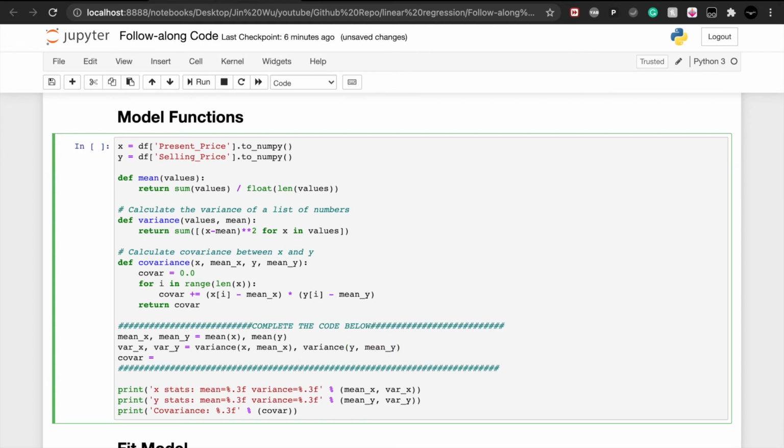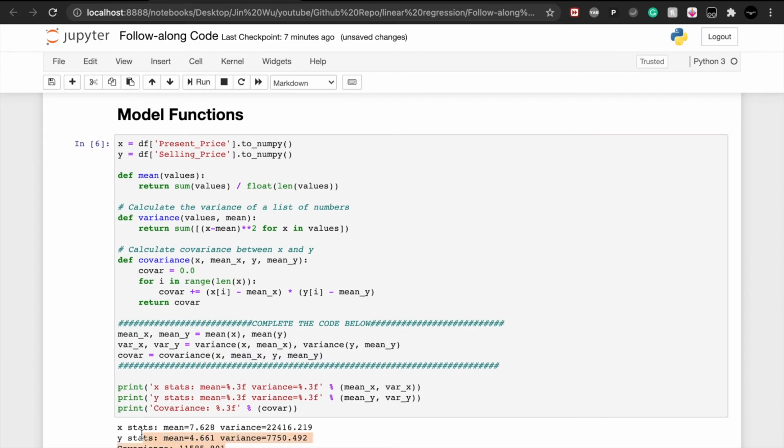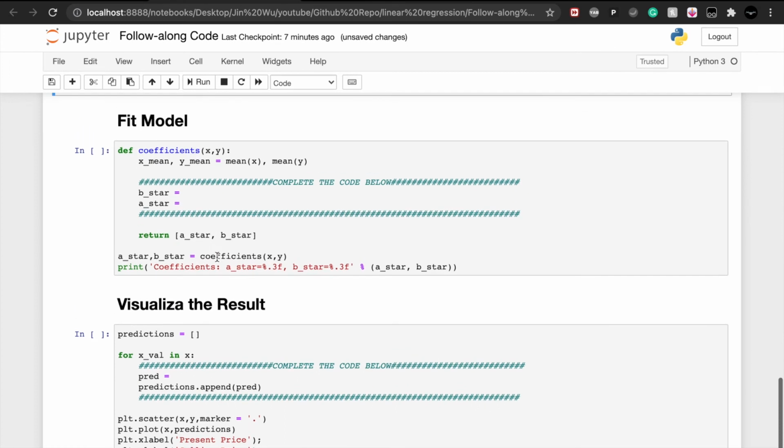And next, the covariance function. So x, mean x, y, and mean y. And if we go ahead and run those functions, we do see our x mean, y mean, x variance, y variance, and covariance. So that's perfect.